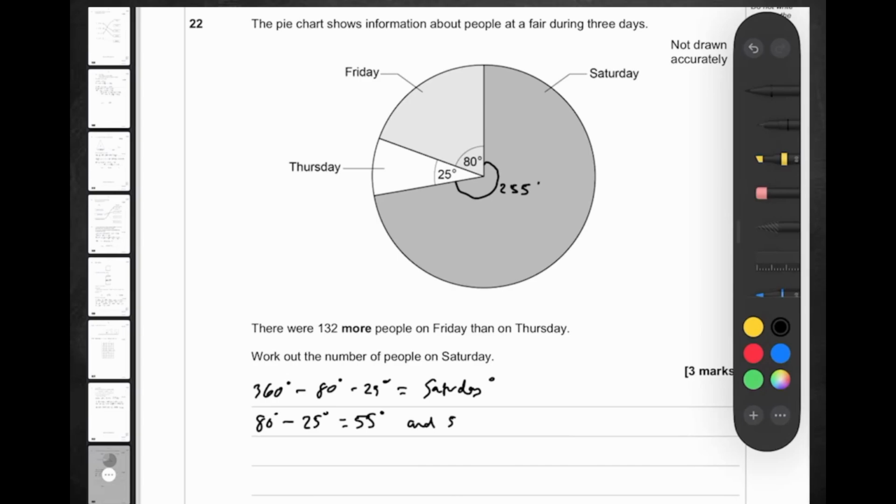And 55 degrees corresponds to 132 people, as we know the gap between the 2 days is 132 people. So if we do 255 divided by 55, that is going to be equivalent to X people on Saturday divided by 132.